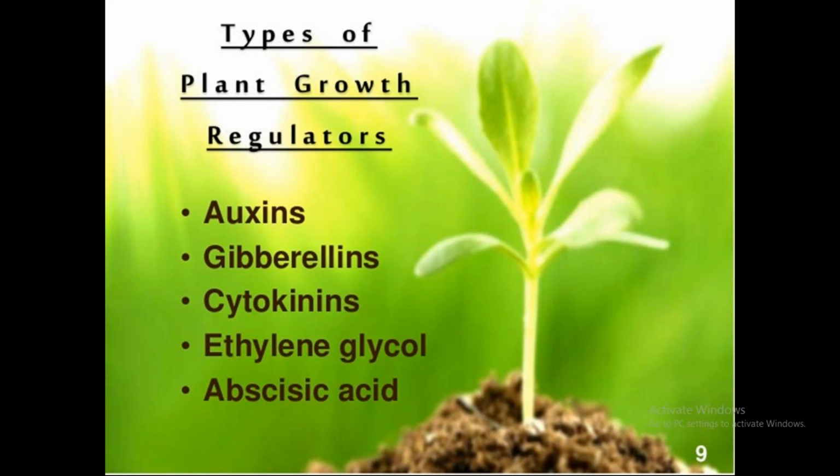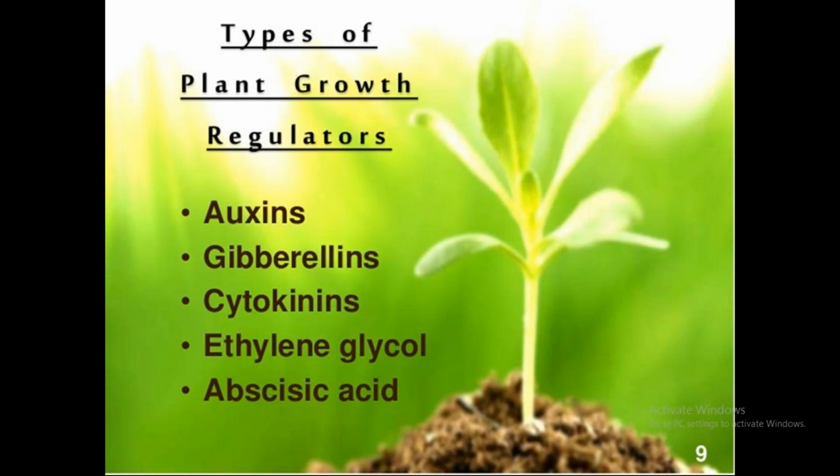The next hormone is ethylene. The main feature of ethylene is that it is gaseous in nature. It is the only hormone which is gaseous in nature, and it mainly helps in the process of fruit ripening. Then next is abscisic acid, the ABA hormone. This is the stress hormone.